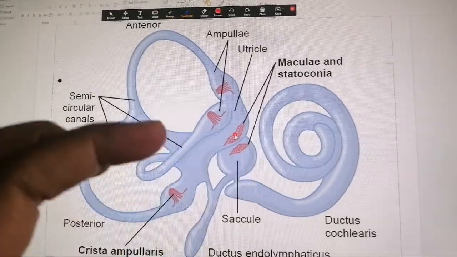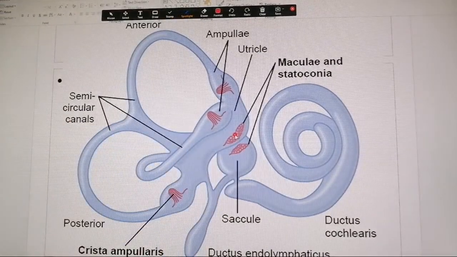Whatever movement is in between, then both will be triggered appropriately. If a movement has a horizontal component, then the utricle's job is to detect it. It detects the displacement of the head when the body is moving along a horizontal axis. If the body is moving along a vertical axis, then it's mainly the job of the saccule, the macula of the saccule.